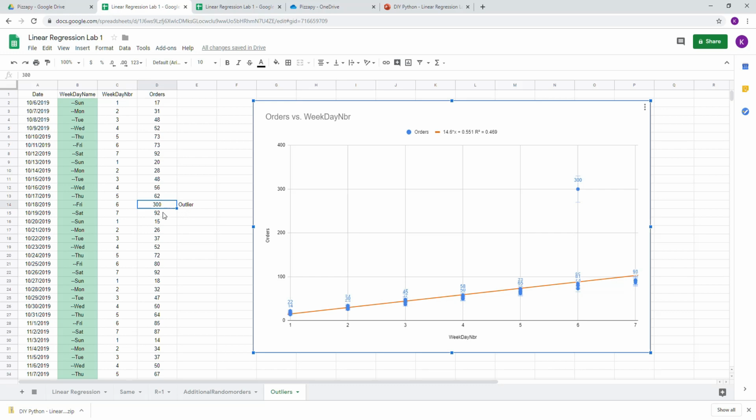And so these kinds of values, the data points which are far from the fitted line, are actually called outliers. We don't know whether this is going to repeat in future. We don't know whether this is a data issue, or whether this is something we can really use in our prediction equation.